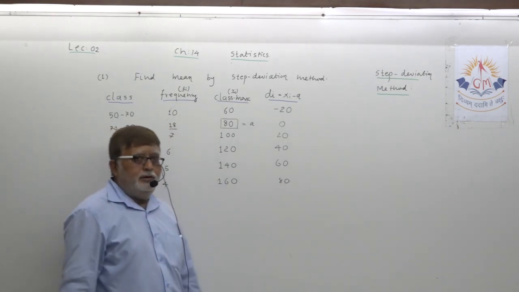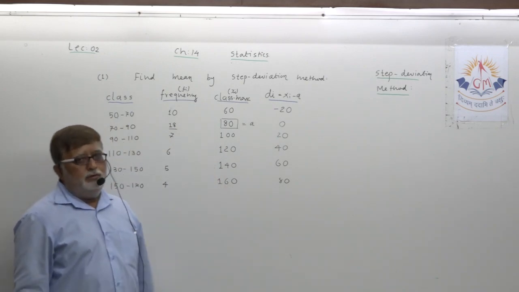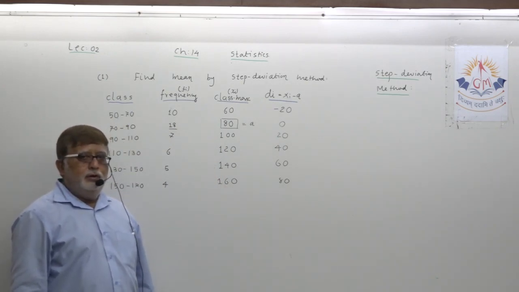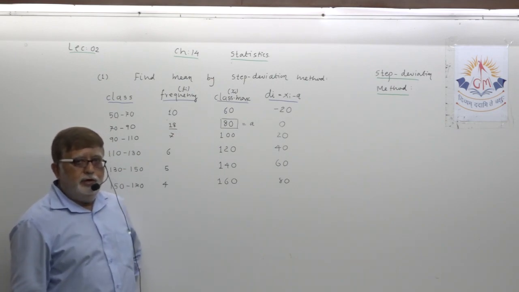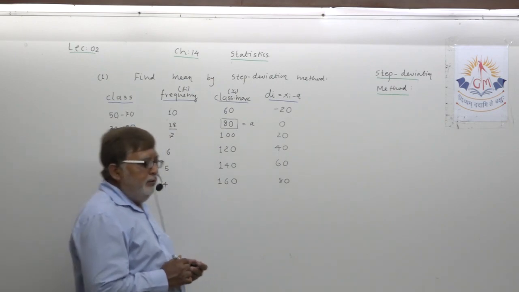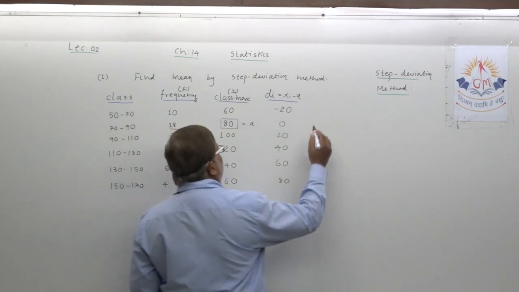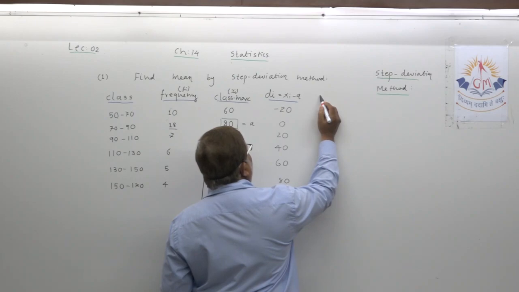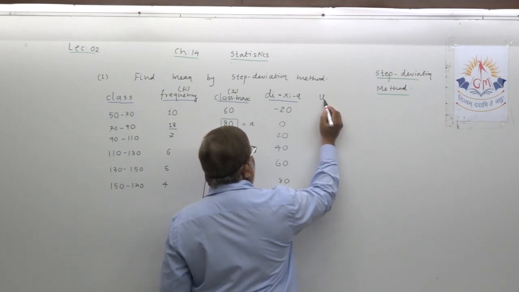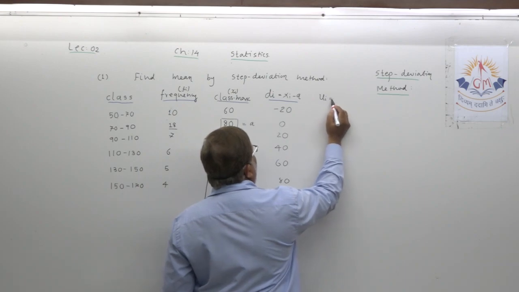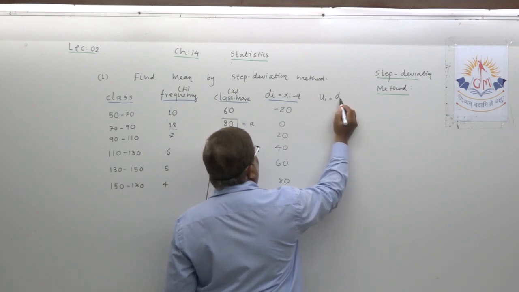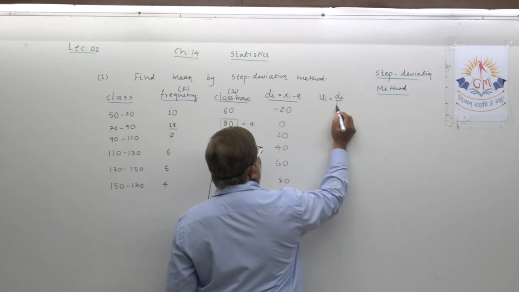After finding di, because we are not doing the assumed mean method, we are doing the step deviation method. So what should you do now? Dear student, one more column you have to make, which we call ui. What is the formula of ui? Di upon h.